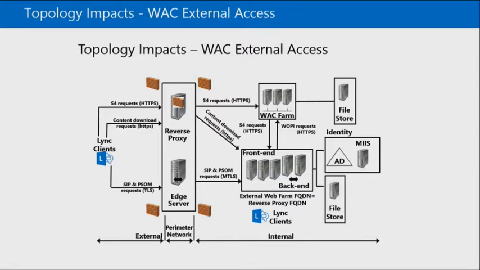But again, it's still SIP and S4 to get that thing initiated, and then it's S4 over HTTPS. S4 is just another protocol that we've used for a long time in the Lync server world. It's generally what's used for client requests and client interactions. There's a couple. SIP's the main one to remember. You've got CPPP, you've got S4, you've got various, but remember SIP if nothing else.